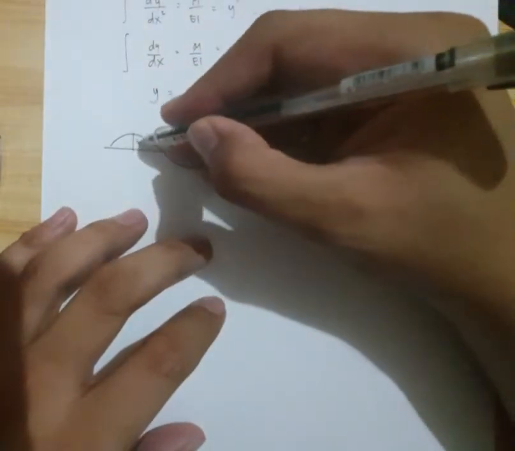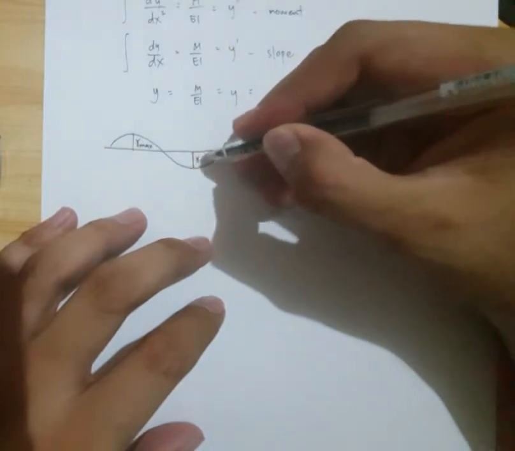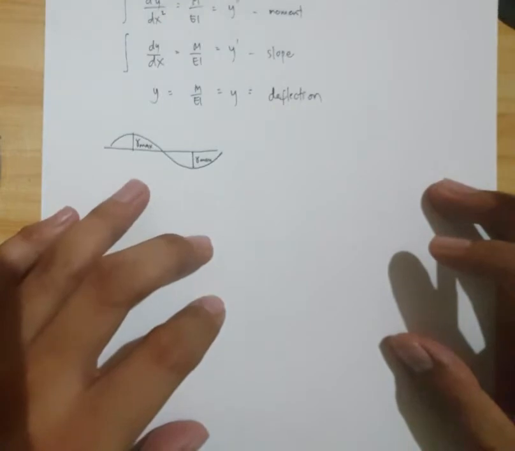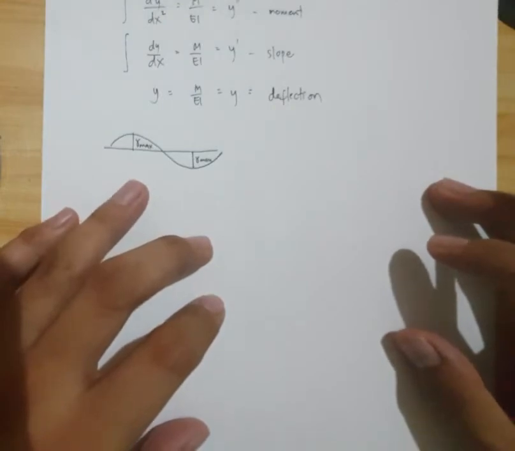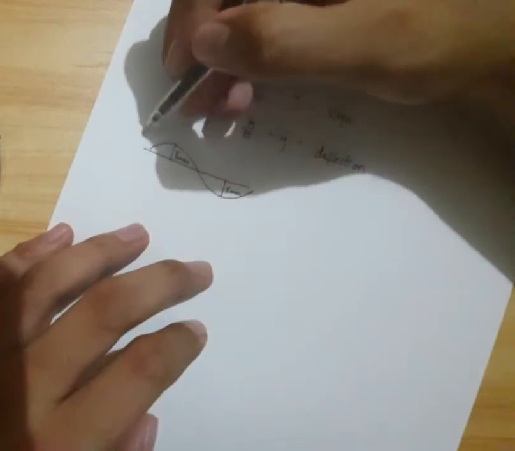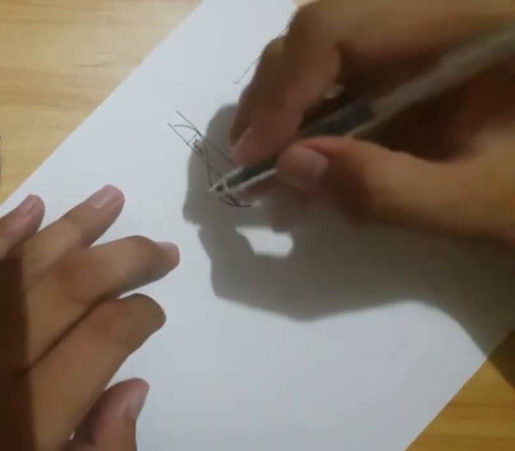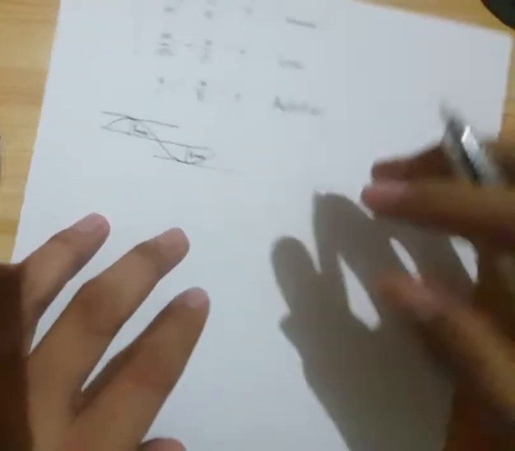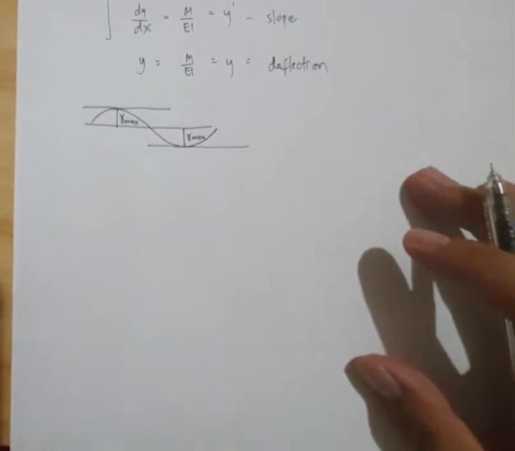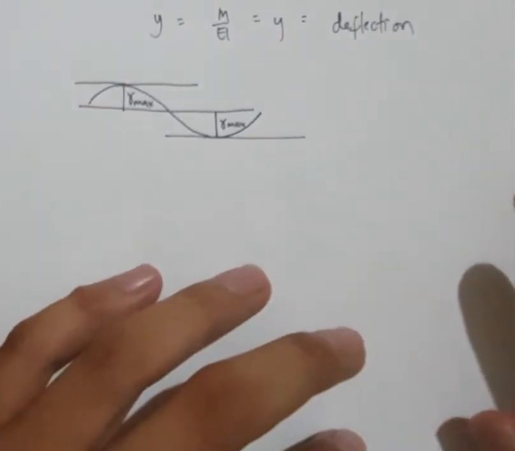If this is the maximum, or say another maximum, at maximum deflection your tangent line is horizontal.